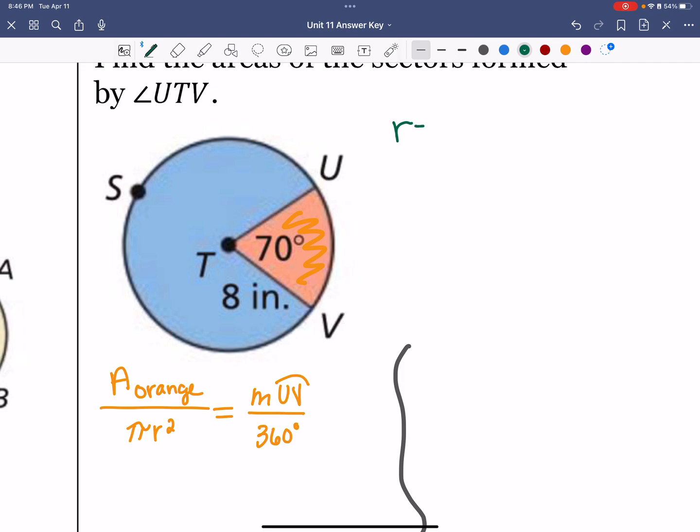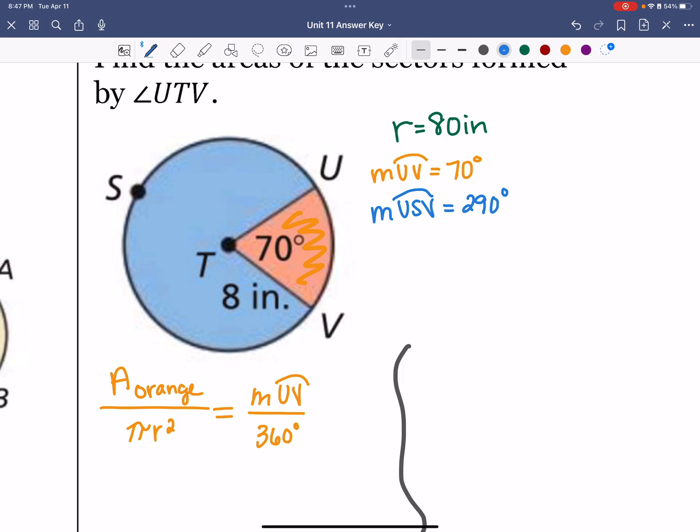My radius is going to be 8 inches. My arc measure of UV, in this case that's my orange, is going to equal 70 degrees, and the arc measure of my blue, USV, is going to equal 360 minus 70, which is 290 degrees.